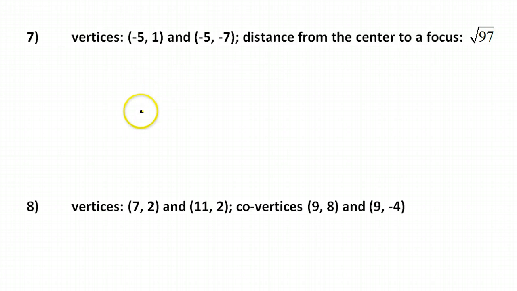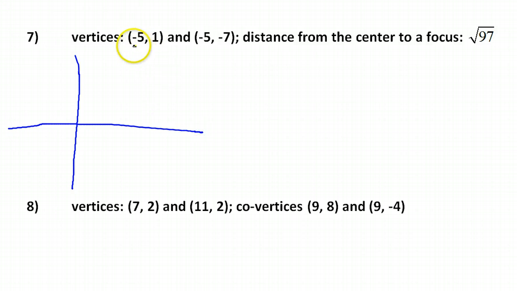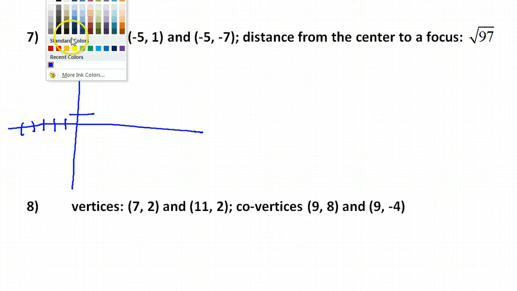For number 7 and 8, what you want to do is make your little bootleg sketch of what's happening. We've got these vertices at -5, comma 1. So that's 1, 2, 3, 4, 5, comma 1. That's a vertex.